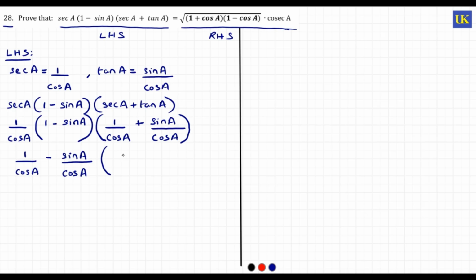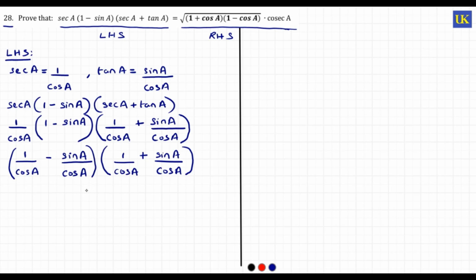Then here 1 upon cos a plus sin a upon cos a, and let me put a bracket here also.